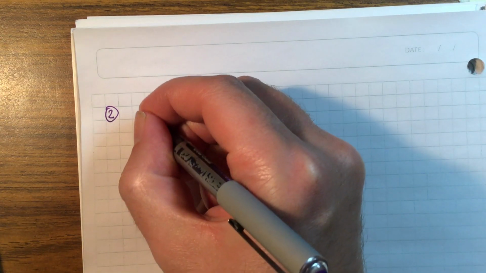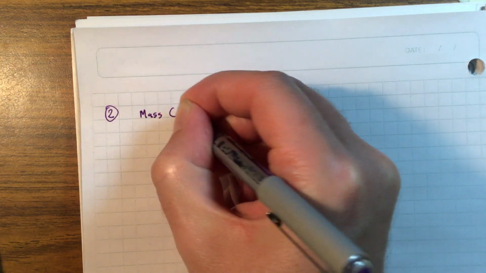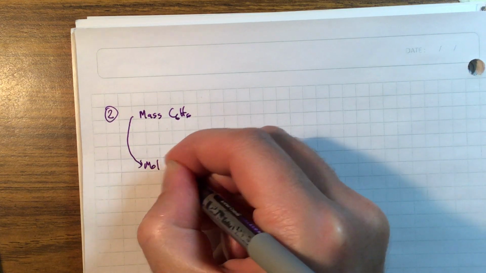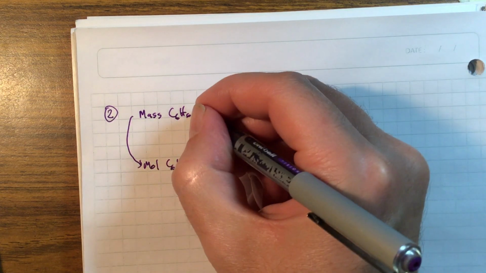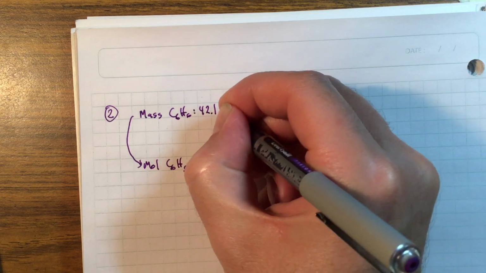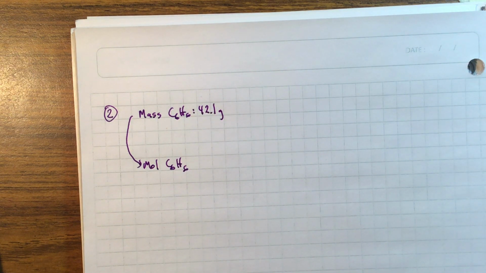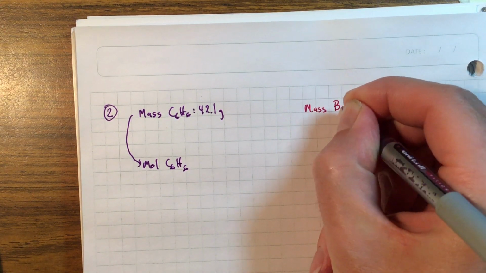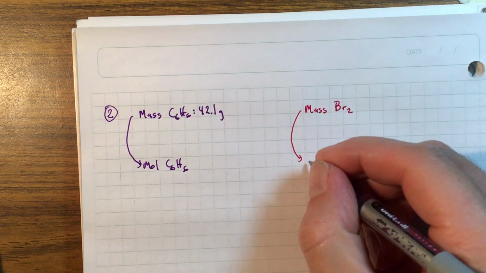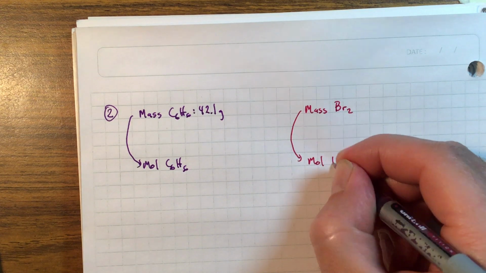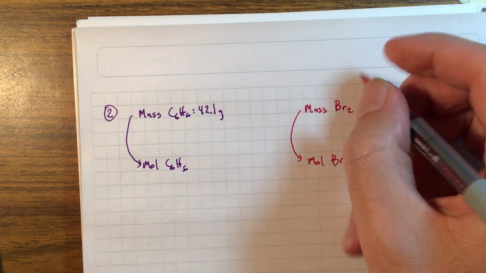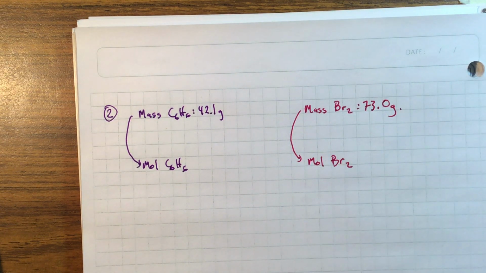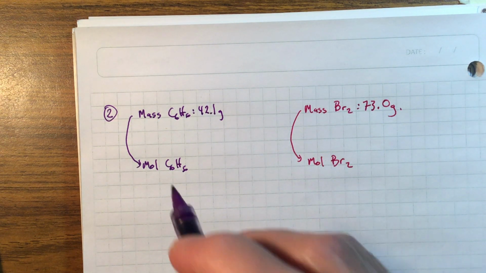So we're going to start off with our mass of C6H6. We're going to go to our moles of C6H6. We have 42.1 grams. Then over here, we're going to start with our mass of Br2 and go to our moles of Br2. And this is 73.0 grams. All right, so let's do our C6H6.